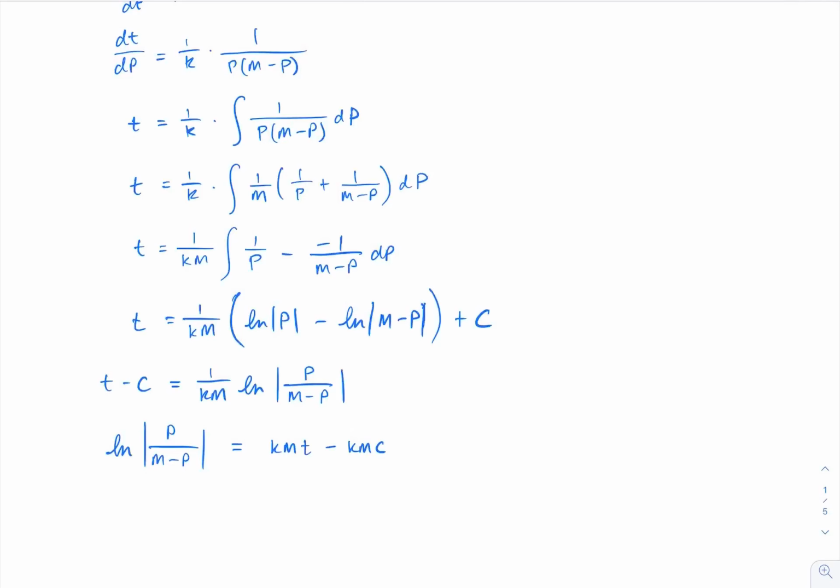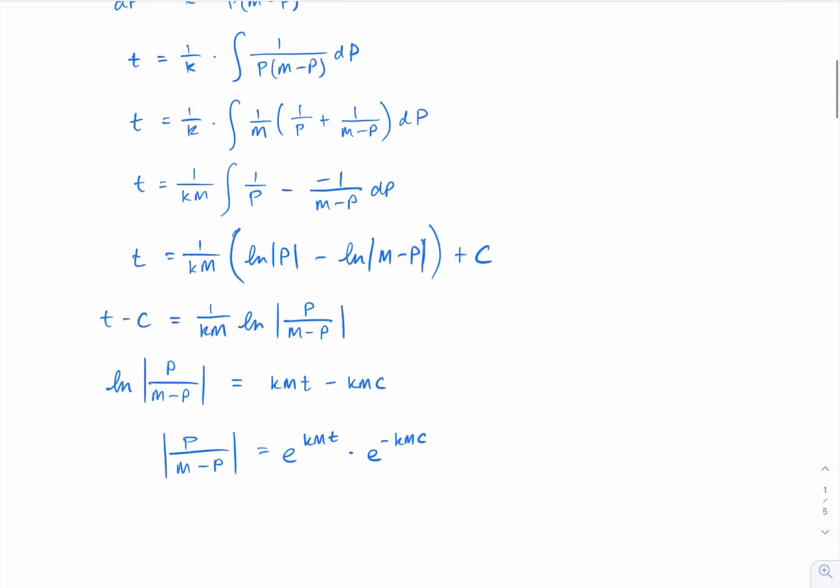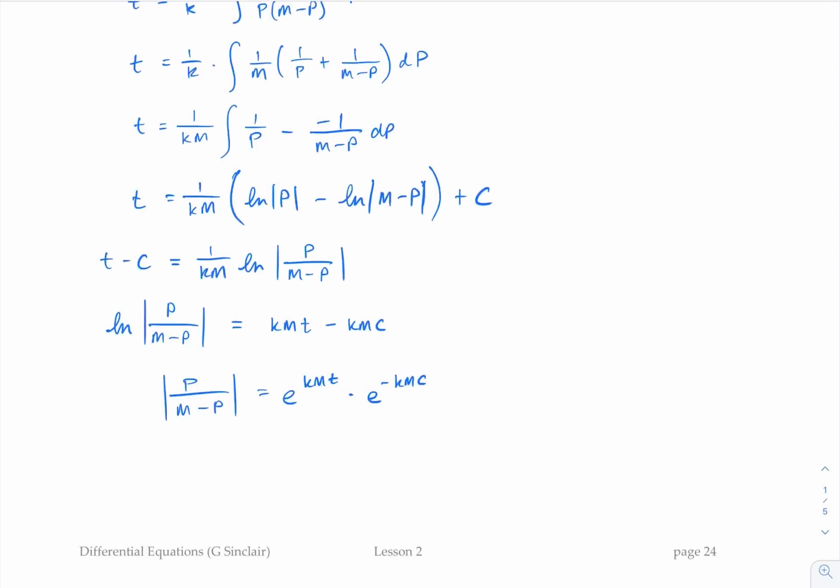And now exponentiate both sides, so absolute value P over m minus P equals e to the kmt times e to the negative kmc. And because this is all constant, we want to replace that with an a.